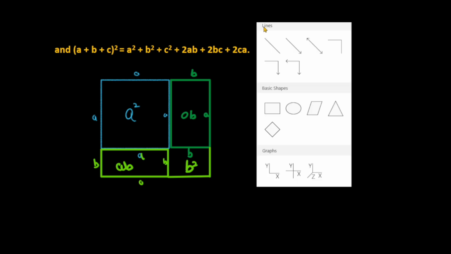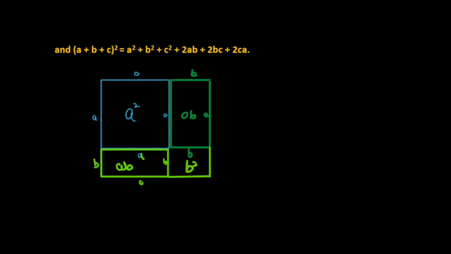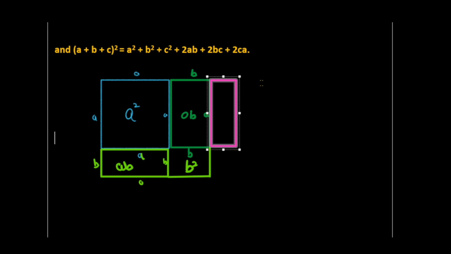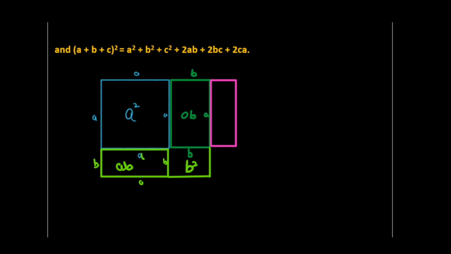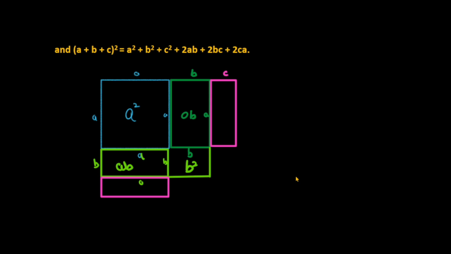Now I am going to take another rectangle of breadth C. Going to add one more rectangle which has breadth C, side length same as A. Both lengthwise and breadthwise, I am going to attach a rectangle of breadth C and length A. So here breadth C, length A, occupied space AC.